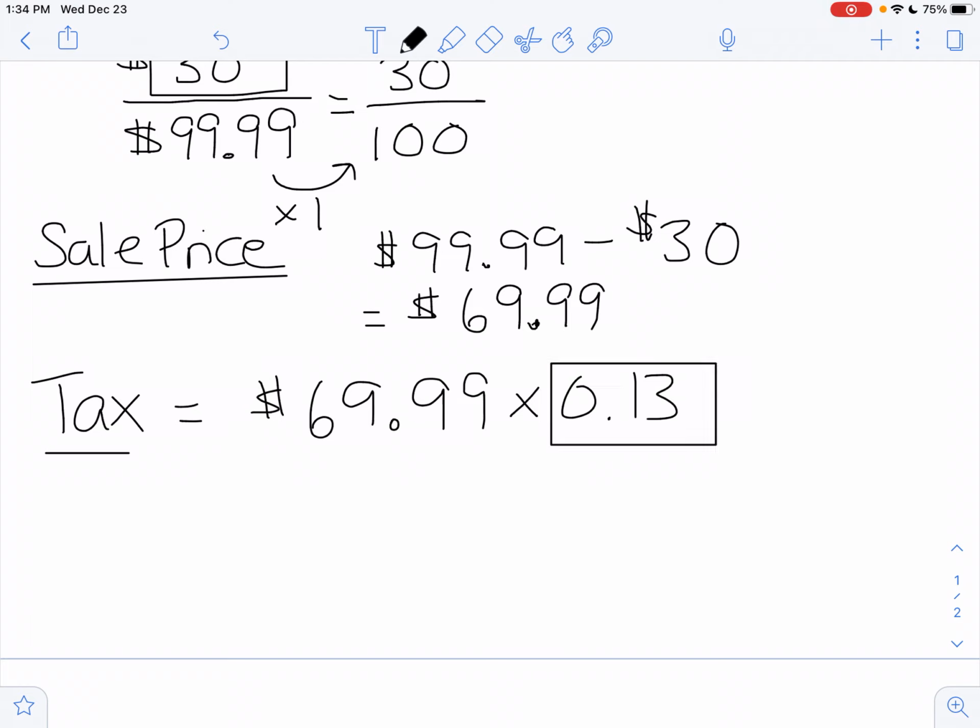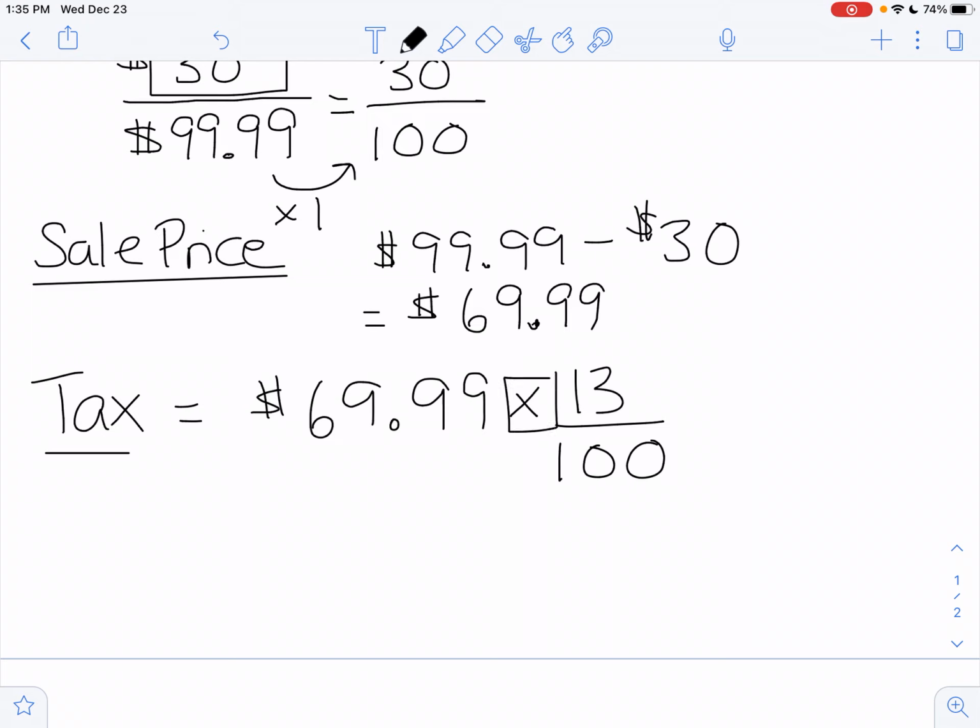This is the same as 13 divided by 100, okay? Or 0.13 is the tax as a decimal. Either way, if you want to write 13 out of 100 because you're more comfortable, that's totally fine as well. So 13 divided by 100 and times $69.99 because we want 13% of $69.99, okay?